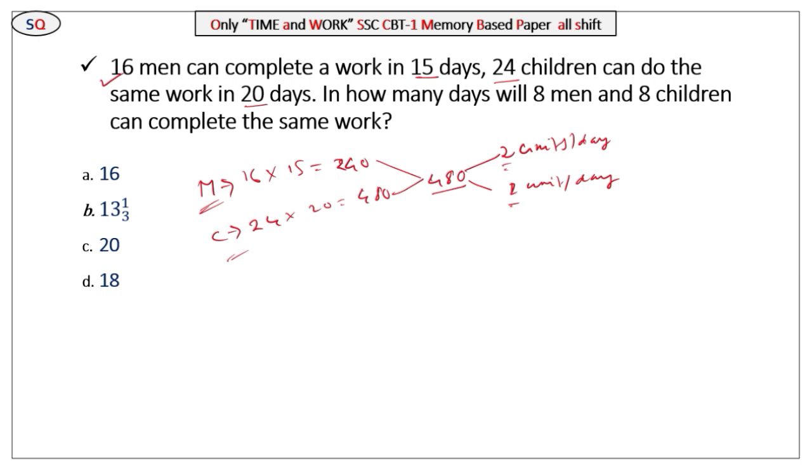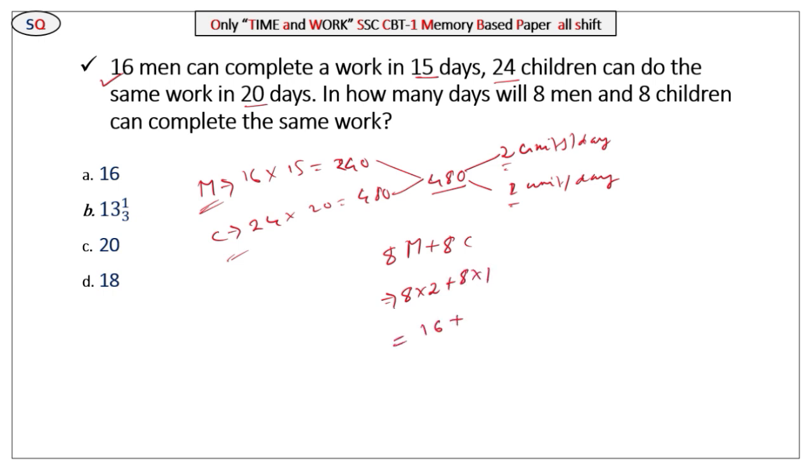Now here it is said in how many days will 8 men and 8 children complete the work. So 8 men plus 8 children, 8 men is 2, children is 1.